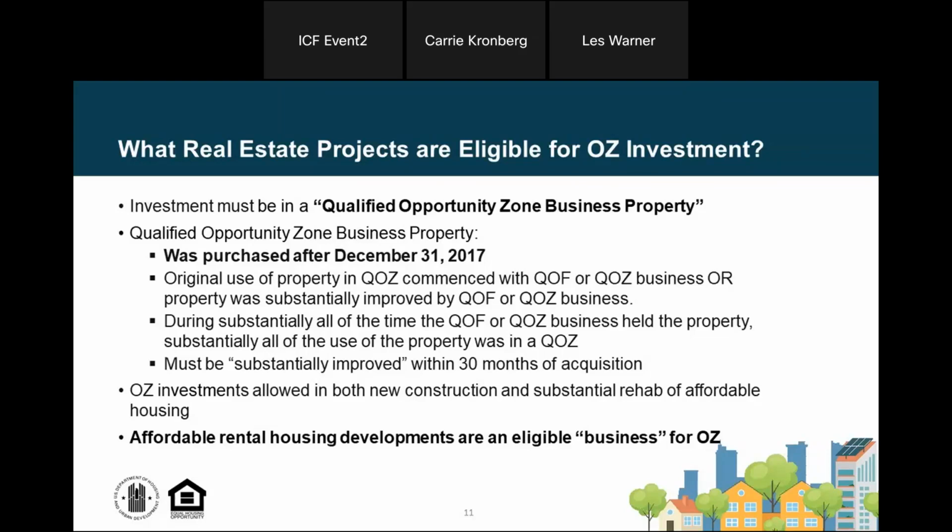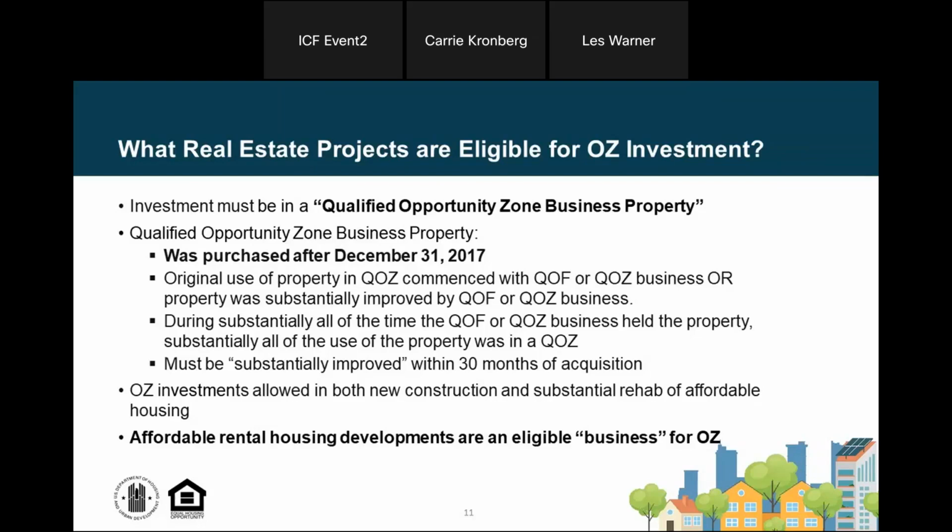This might feel a little bit confusing, but the concept here is that this needs to be for new investments within an opportunity zone to be eligible for tax relief under the OZ program.